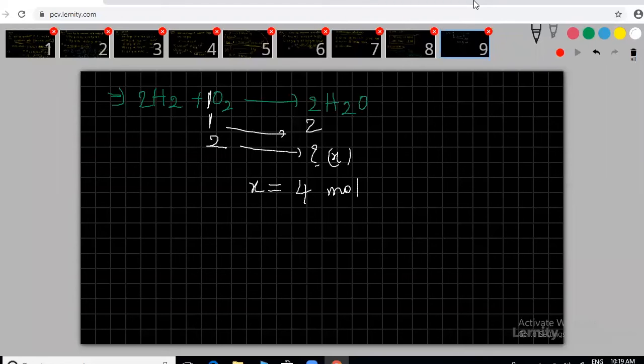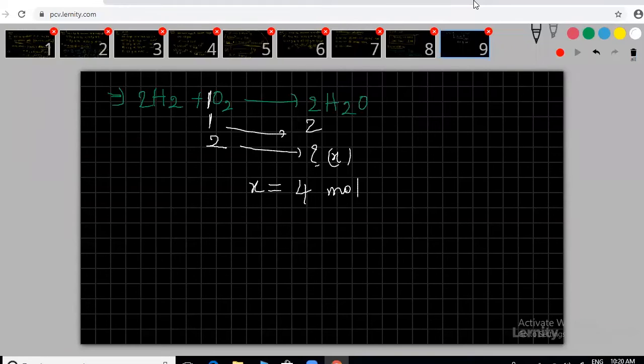Now, those who have not understood the previous example, please let me know, because the question will be given like that only. The question will be given in the form of a sentence. Then you have to write the equation, followed by the calculation.